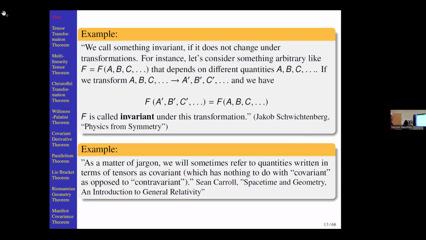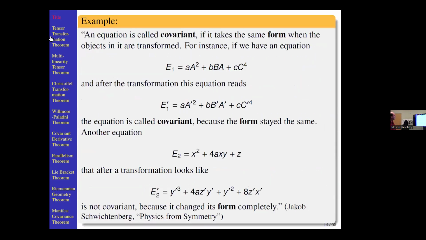Anyway, here is again that book by Jakob Schwichtenberg, Physics from Symmetry. He gives the first decent explanation from which I am deriving the rest of what I have to say, because he gives actual equations to look at.